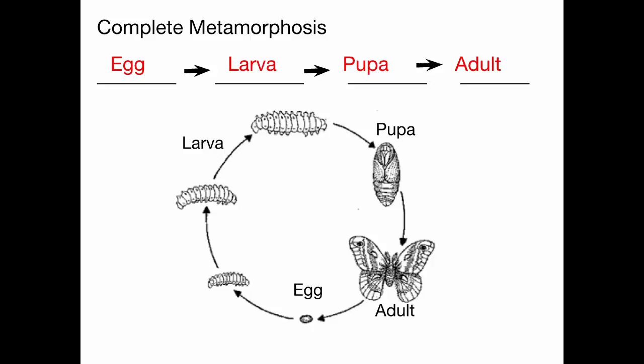And then emerging from that pupa is the adult stage. The adult and larva often look completely different from each other. Like a caterpillar metamorphosing into a butterfly, they're the same organism, just different stages. Or a maggot metamorphosing into a fly is another example of complete metamorphosis.